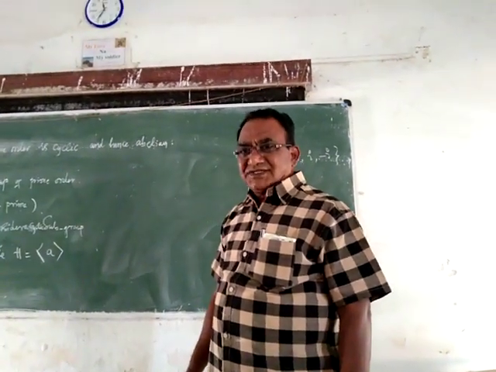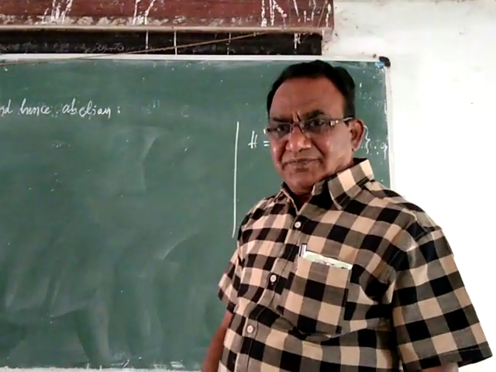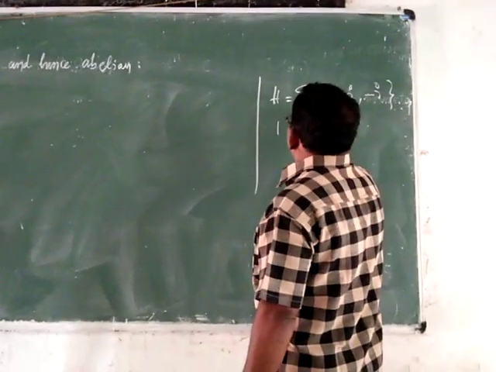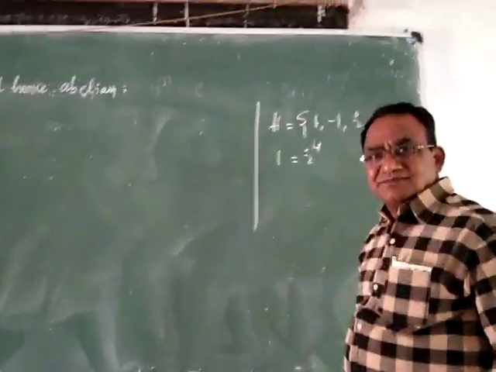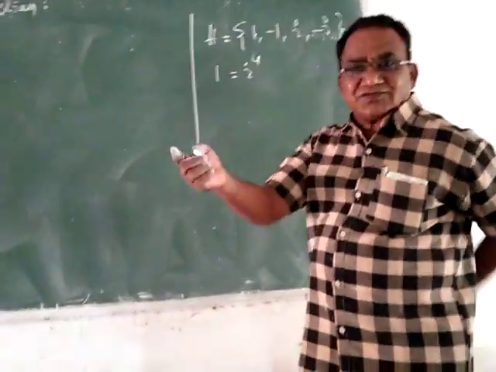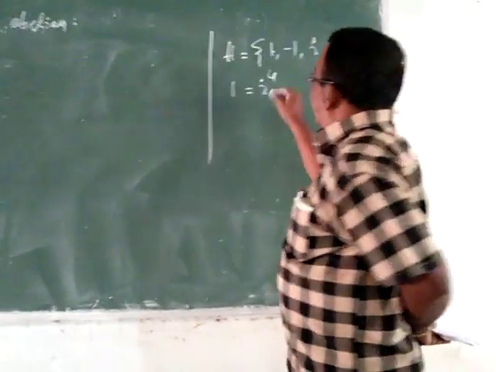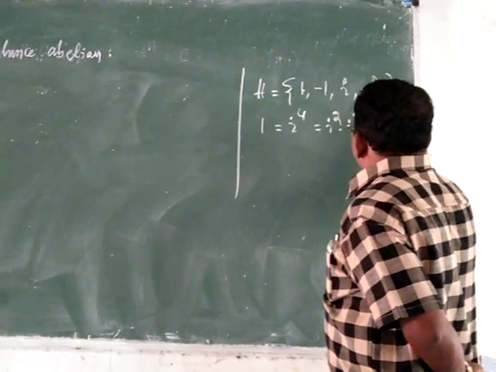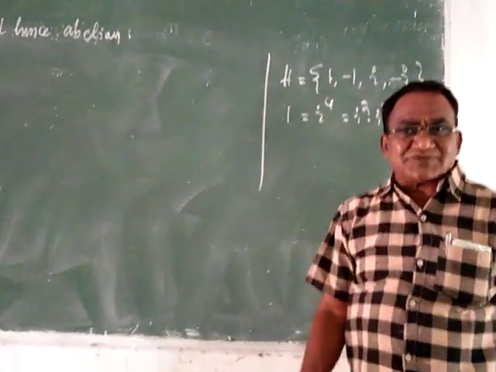Because 1 can be written as i to the power 4, that is i squared into i squared, which is minus 1 into minus 1, equal to plus 1.